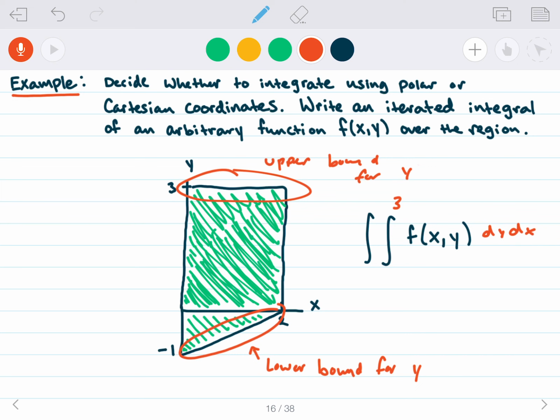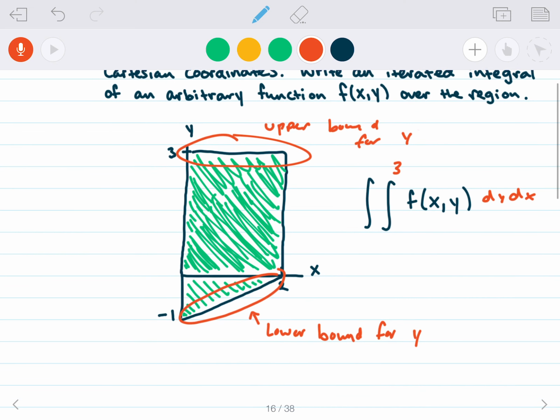What's the lower bound? Well, let's go ahead and figure out the equation of this line. It's a function of x. We can see that this line is going to cross the y-axis at -1, so our y-intercept is -1. And we can see the slope in a couple of different ways. One way to see it is the rise over run way. If we start here and we rise up 1, and then we run 2, right? So we rose up 1 and to the right 2, so that means our slope is 1/2.